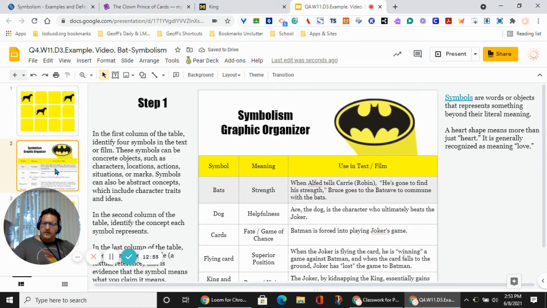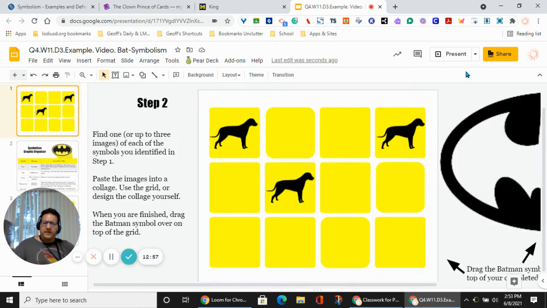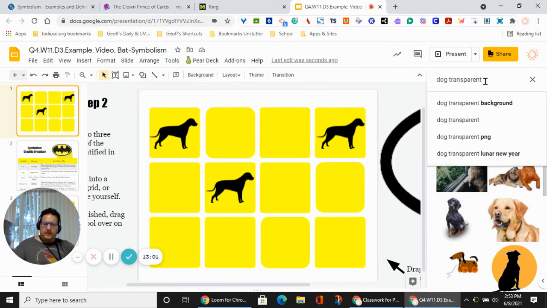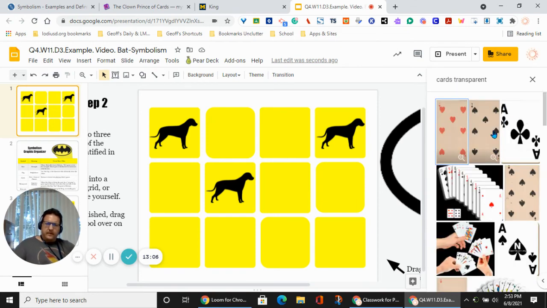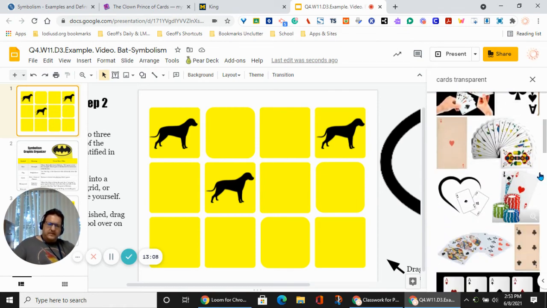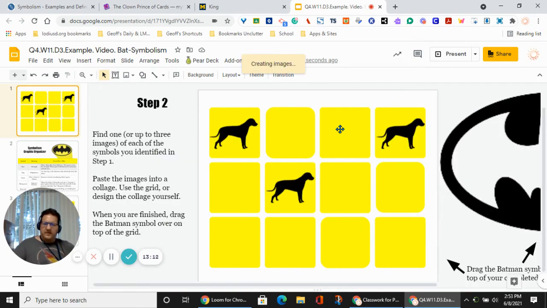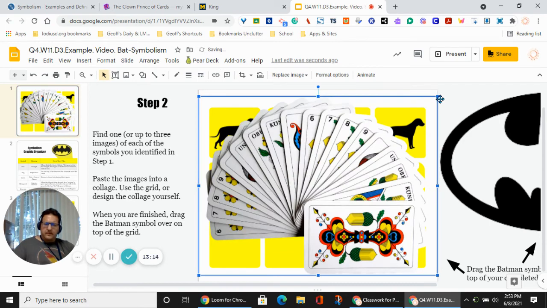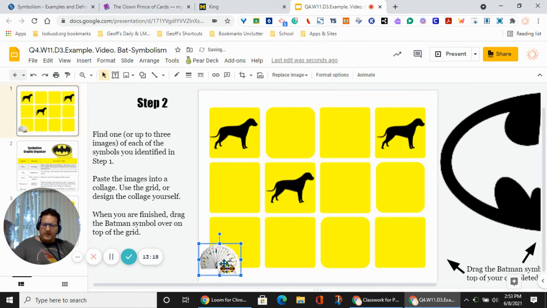Okay, and then the next one, cards. So I can just look that up. And that's helpful. It'd be nice. Let's see. Okay, there's a whole deck. That'd be a nice one. Now, this is not the kind of cards I really meant, but hey, it works.